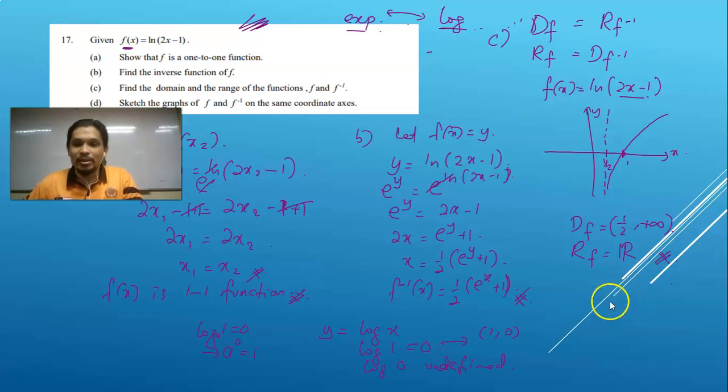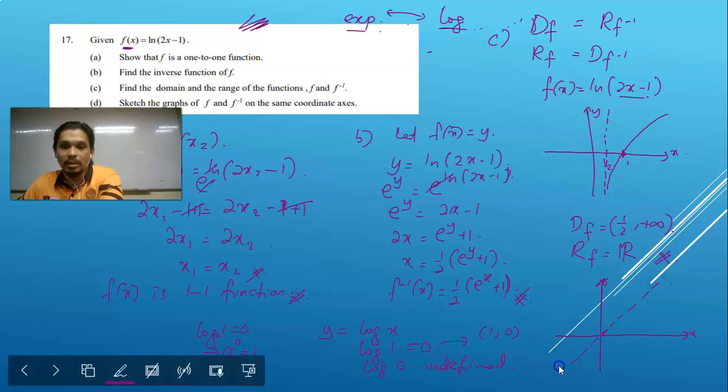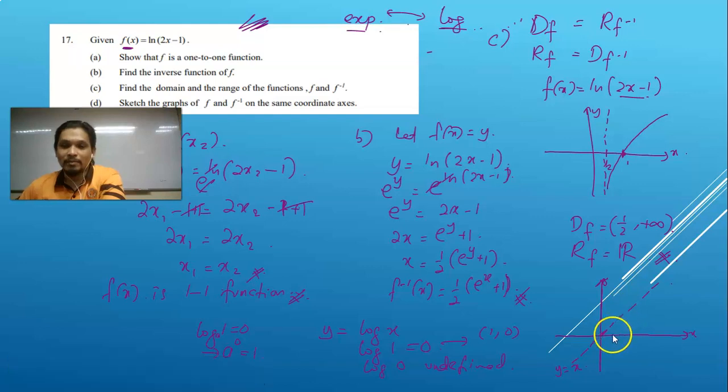Okay, for this one now, I show you, recall how we sketch the graph of f and its inverse on the same axis. Make a line mirror, a reflective mirror for this graph. Let this be y equal to x. So the graph of this will be something like this.